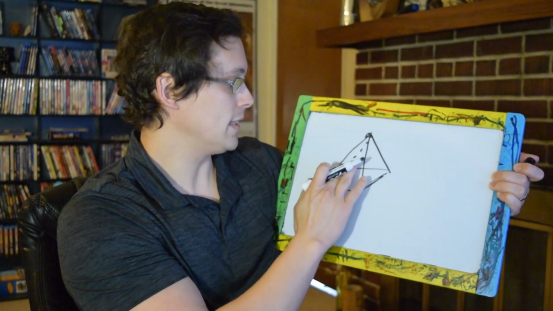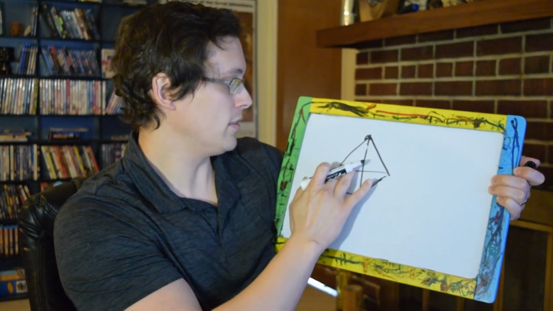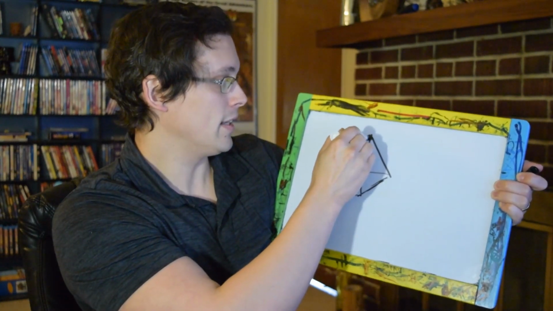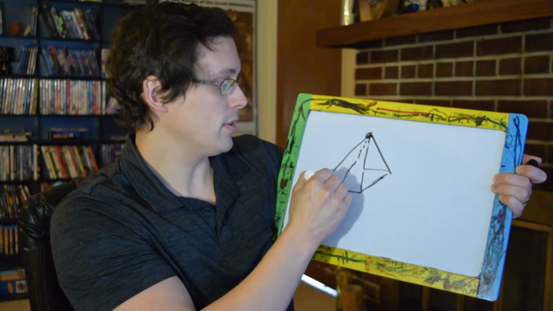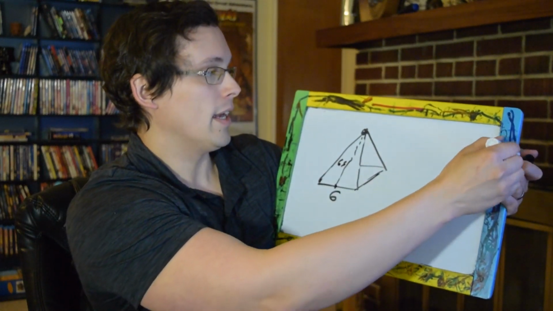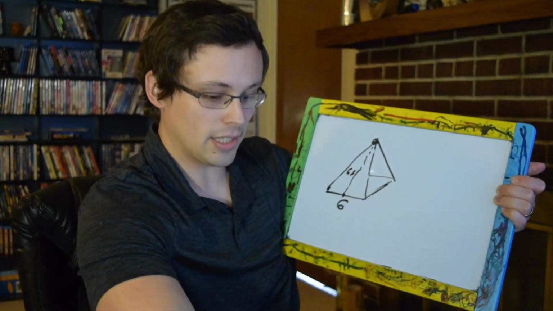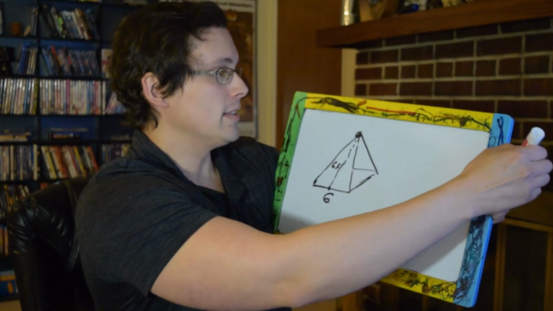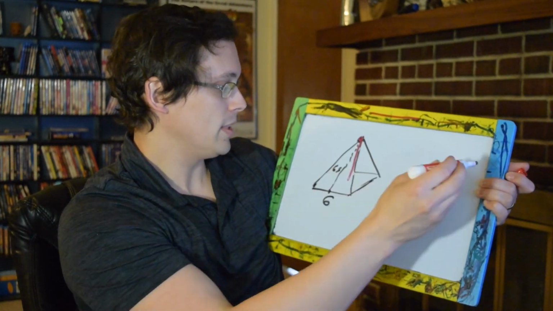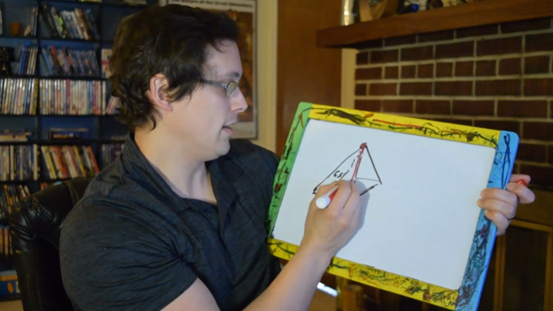If we take one of these triangle faces and connect the top down to the bottom middle, that's a length of 6.5. The length we're actually looking for is in 3 dimensions, going down from the top to the center of the square.